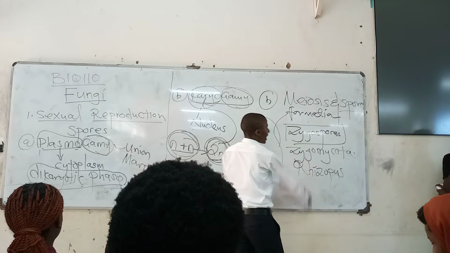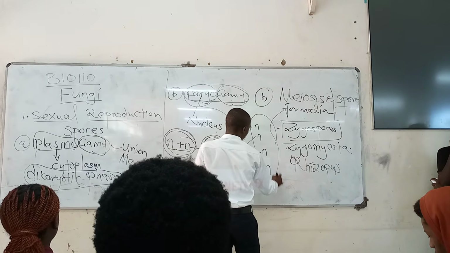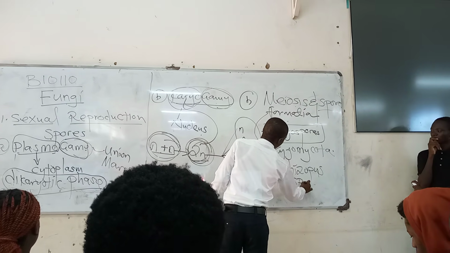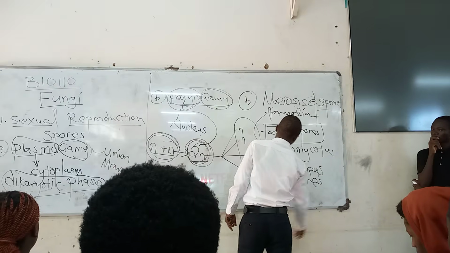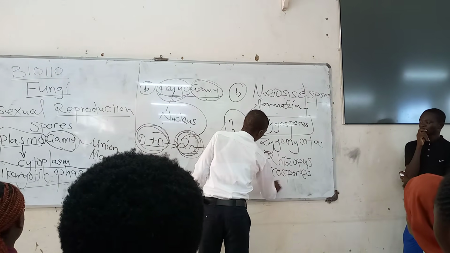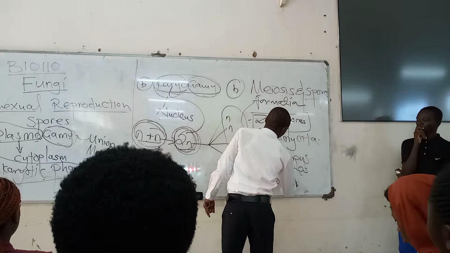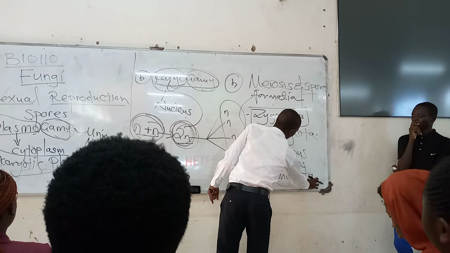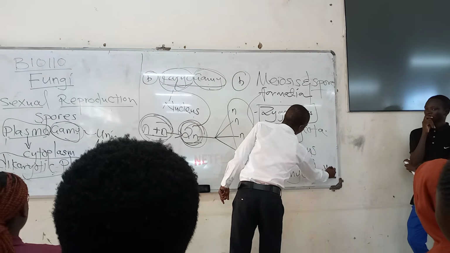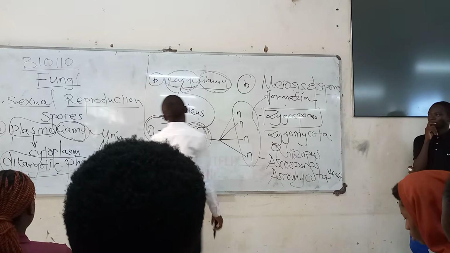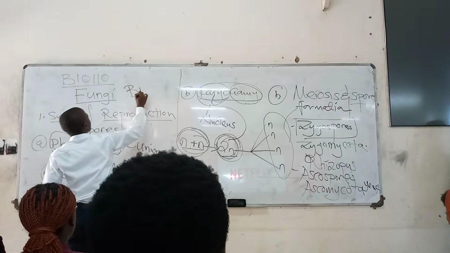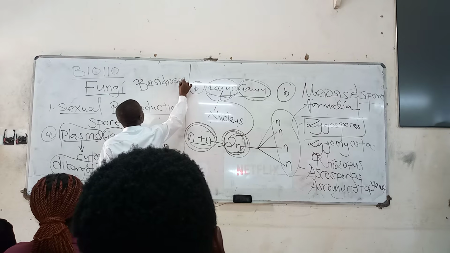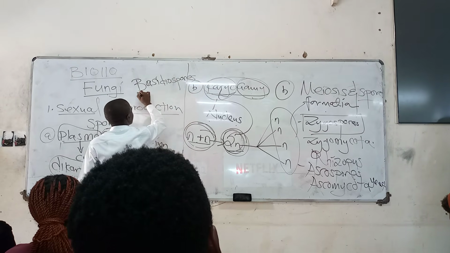Another type of spores that are produced is what we call ascospores, produced from ascomycota. A good example is yeast. And then the last one we have is what we call the... this one is very difficult.